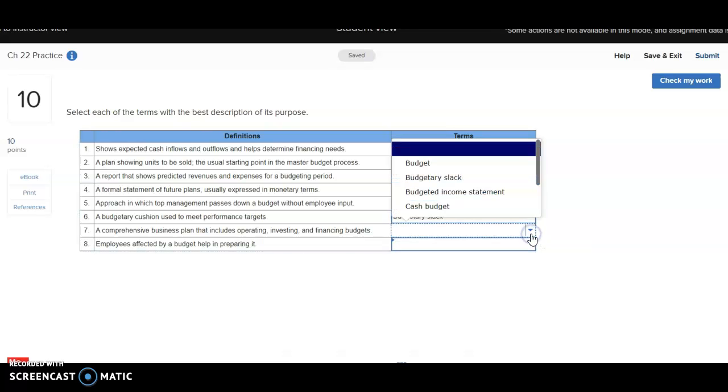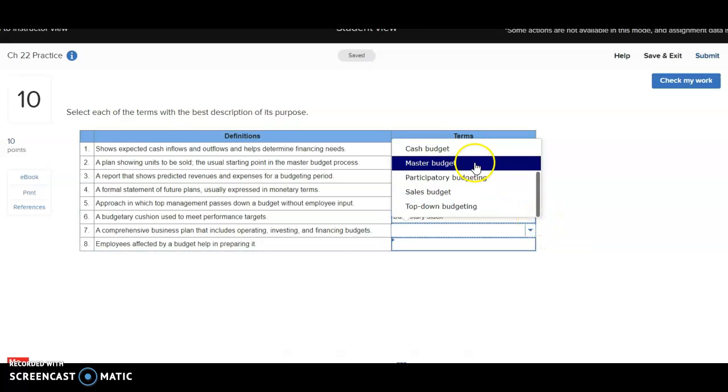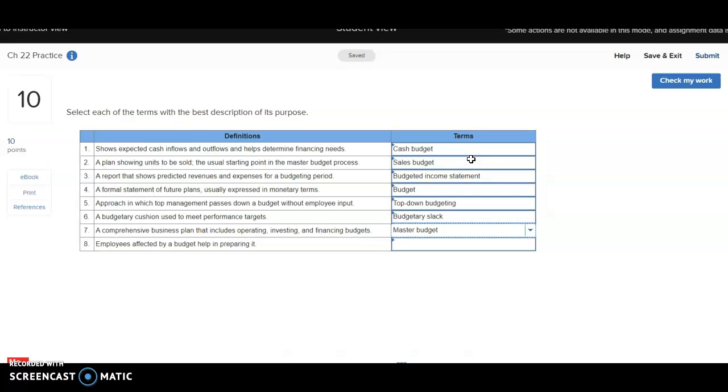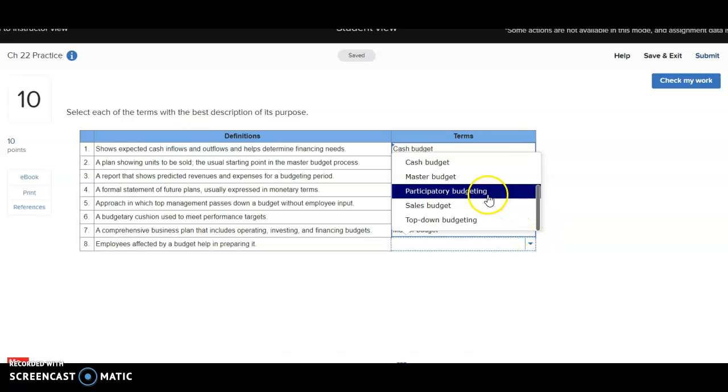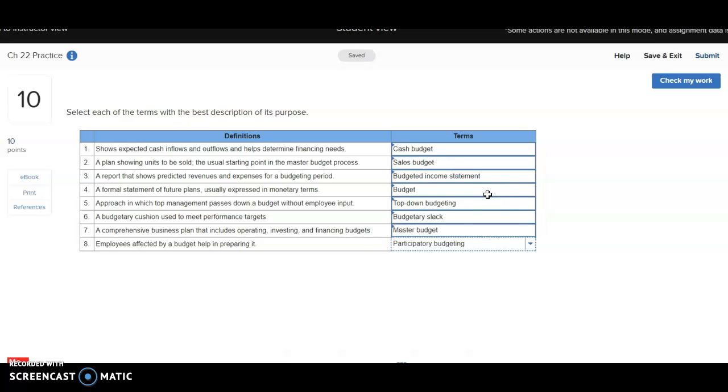Well, comprehensive, that takes us back to that word master budget, right? That's going to have all of our plans of what we're going to do in our company. And then our last one, employees affected by a budget help in preparing it. Well, we want employees to participate in the planning, so that's going to be participatory budgeting.